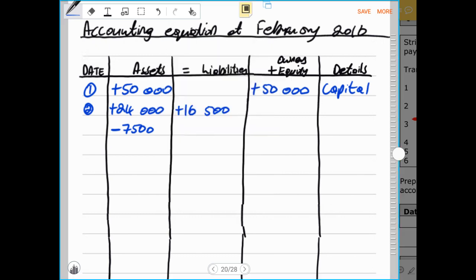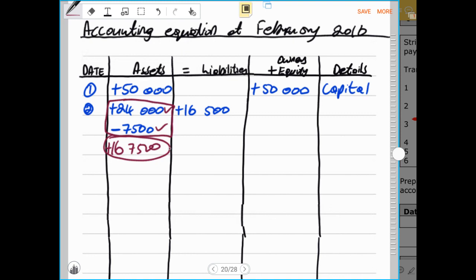I've calculated it for you previously. Remember, as I mentioned before, the accounting equation must always balance. The total of the assets, if you say 24,000 minus 7,500, gives you 16,500 positive.